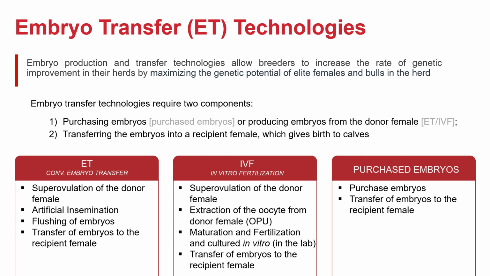However, those oocytes are then extracted from the donor female, and fertilization and maturation then occurs in vitro at the lab. Once complete, those embryos are then returned and transferred to the female recipient. And then finally on the right there, in the case of purchased embryos, breeders purchase embryos from a provider such as Bovatech and then transfer them directly to the recipients within their herd.